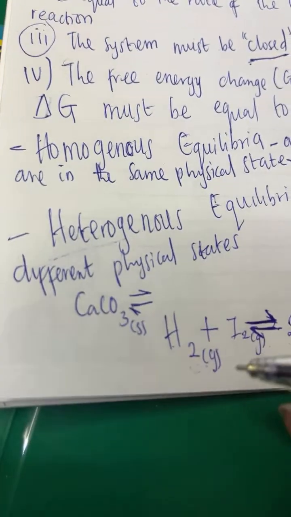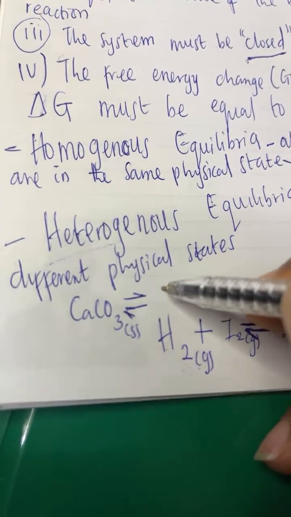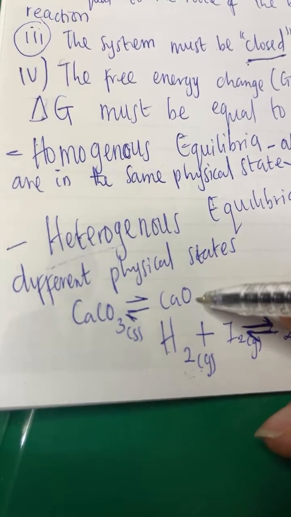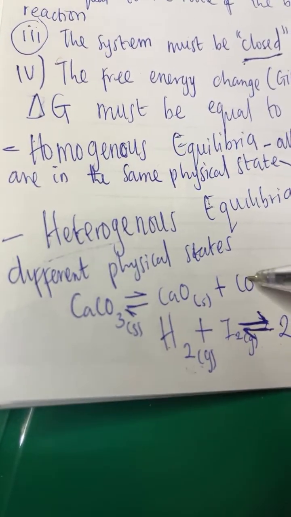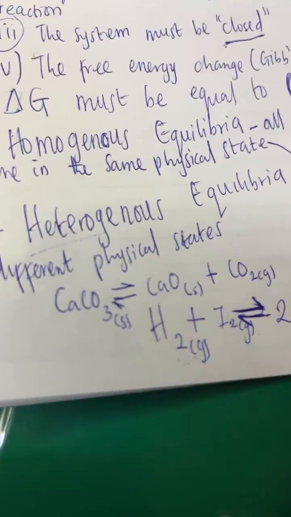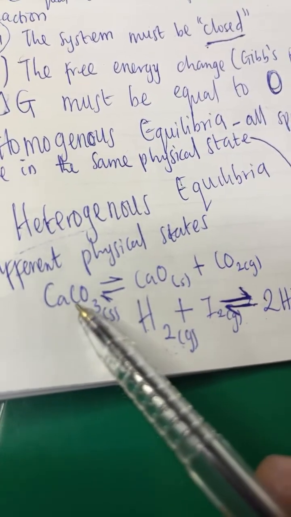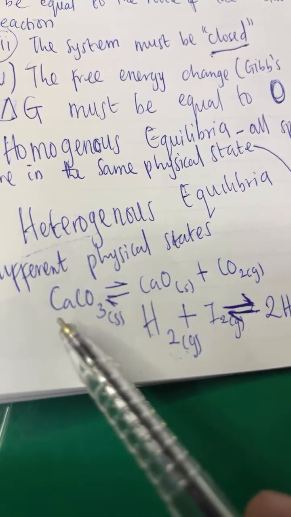CaCO3 is solid. If it's going in a reversible reaction to give calcium oxide, which is also solid, plus CO2, which is a gas, CO2 gas. You can see this is a heterogeneous equilibrium.